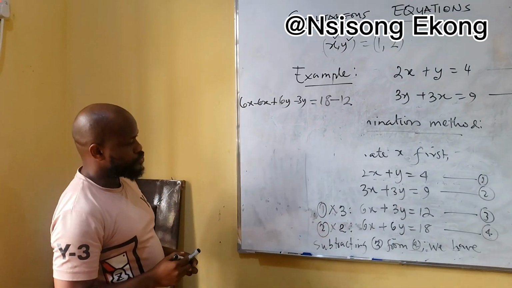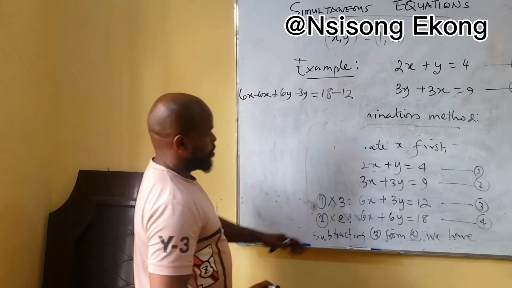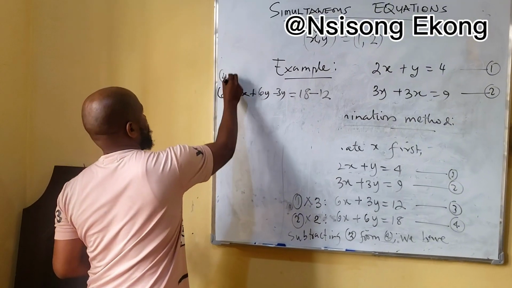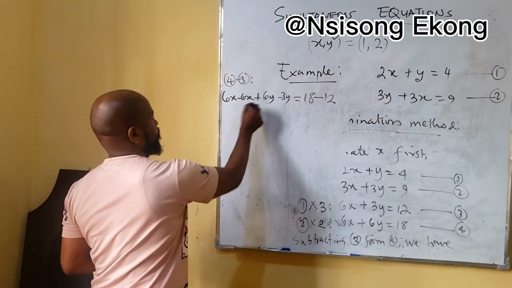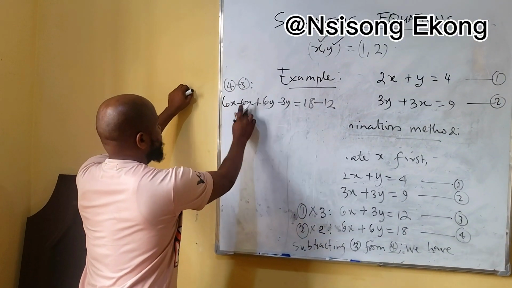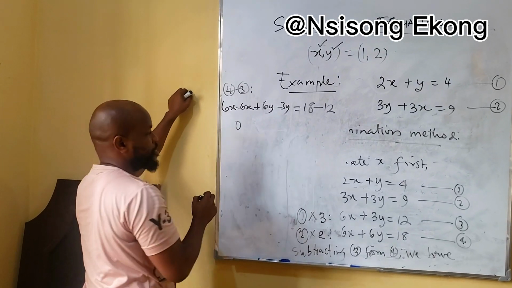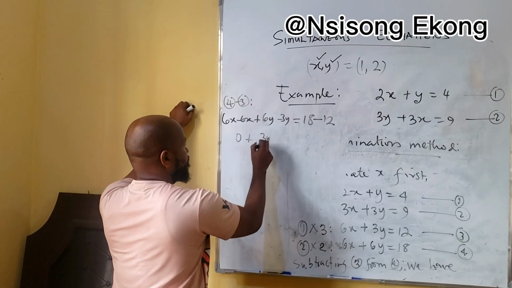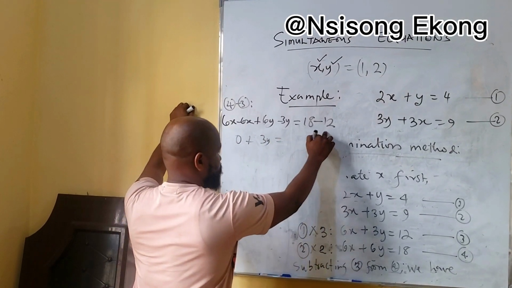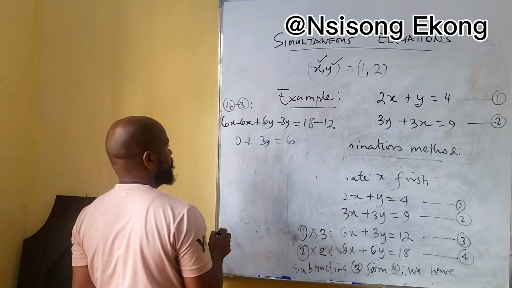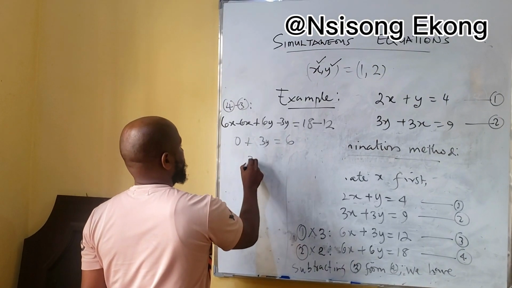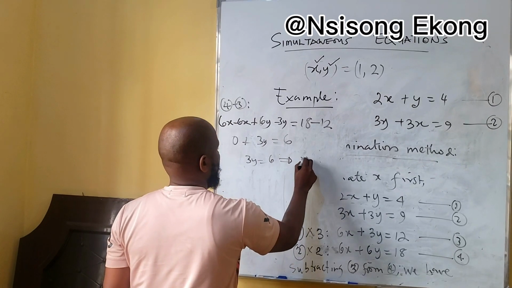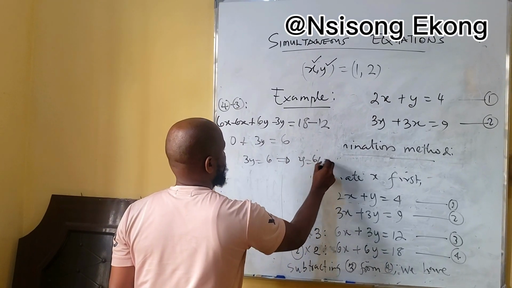So we subtract equation 3 from 4. That is equation 4 minus 3 will give us this. So 6x minus 6x is 0. That means x is eliminated. Plus 6y minus 3y is 3y. 18 minus 12 is 6. So 3y equals 6, which implies that y equals 6 over 3, which is 2.